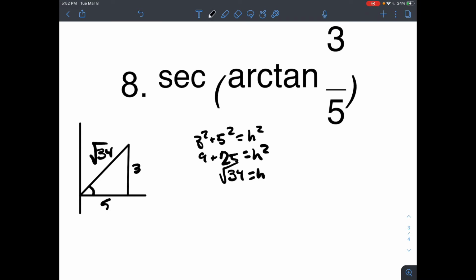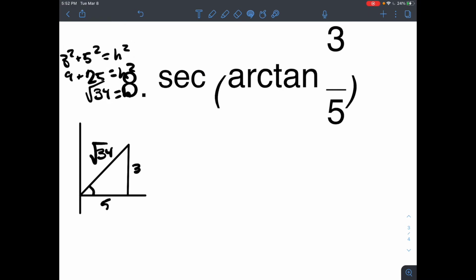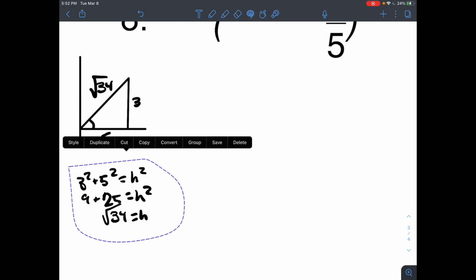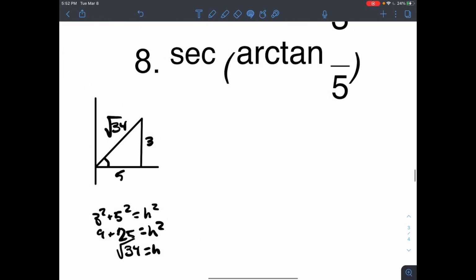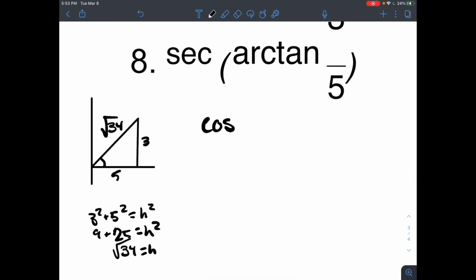Now we want the secant of it, and secant is the reciprocal of cosine. Let's start with the cosine, and let's call this theta. Cosine of theta is equal to the adjacent over the hypotenuse, so we're going to get 5 over radical 34.